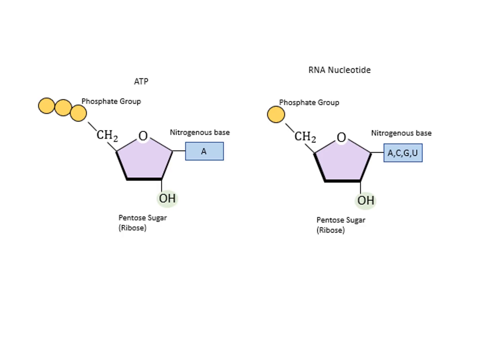Not surprisingly, ATP plays a dual role. It supplies the energy needed to power the chemical reactions that build DNA and RNA, and it also contributes essential structural components, namely, the adenine base and ribose sugar, which are identical to those found in RNA nucleotides.